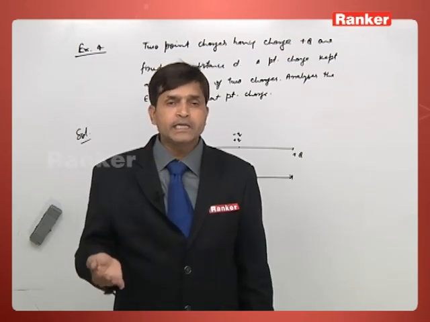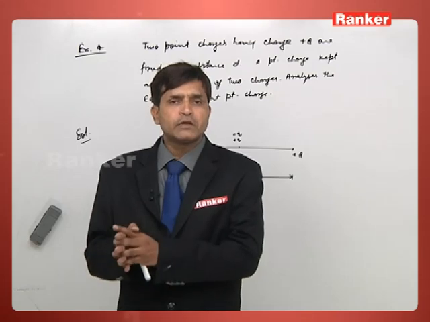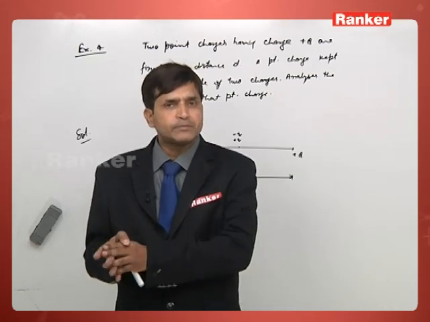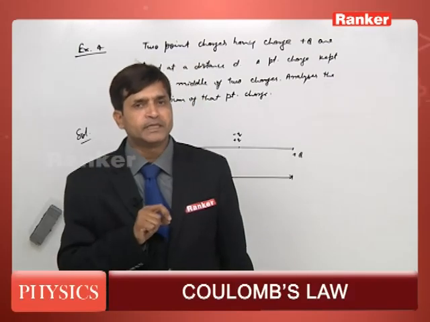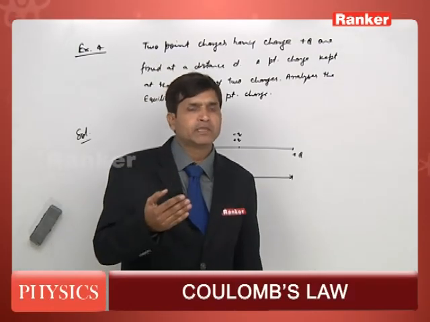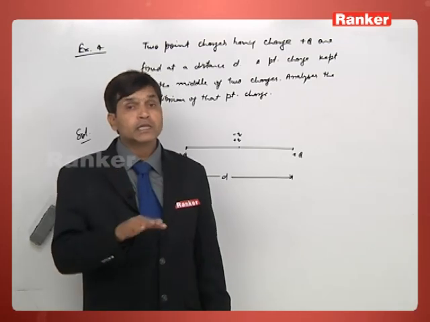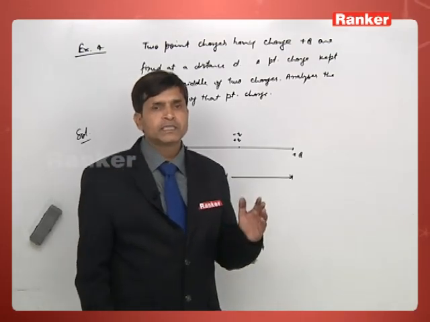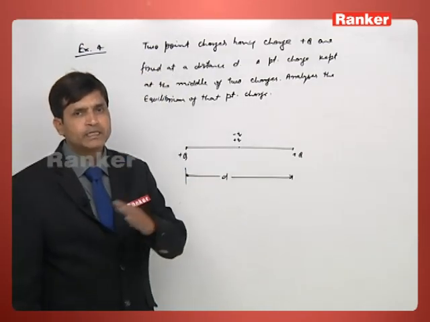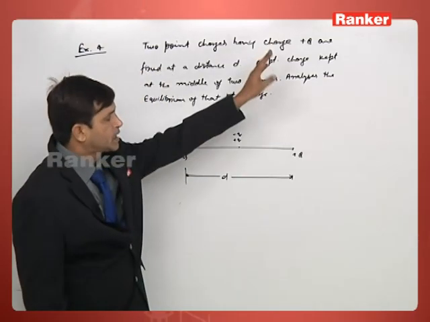In unstable equilibrium, the force on a charged particle at the displaced position is in the direction of displacement. And in neutral equilibrium, there is no effect on the force, whether the body has been displaced slightly or more.